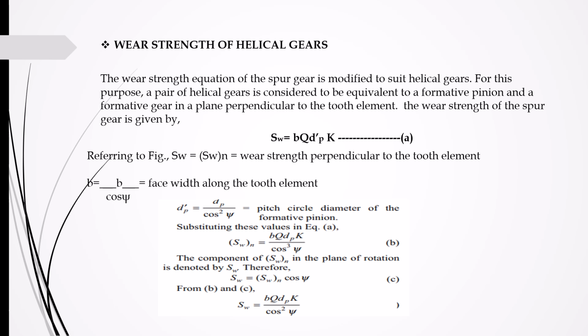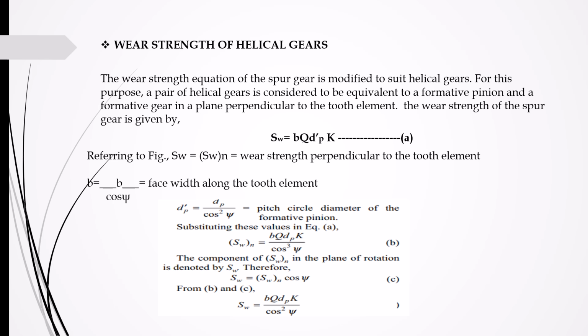The pitch circle diameter of the formative pinion becomes dp dash, meaning dp by cos square psi. Then substituting the value in equation A, we get the SWN value b Q dp K upon cos square psi.